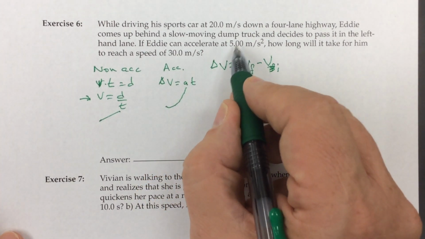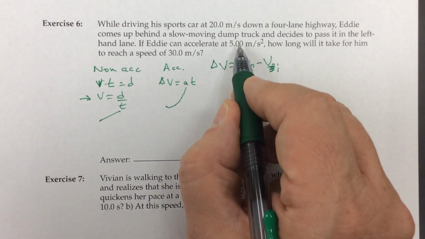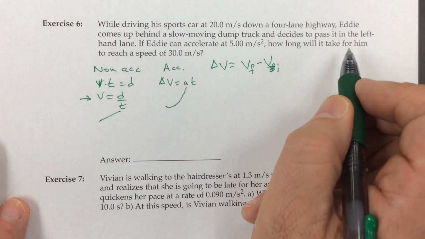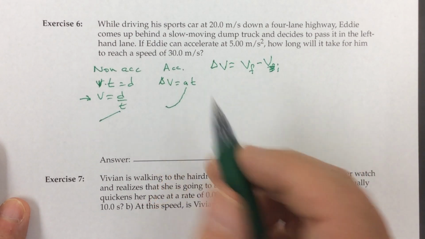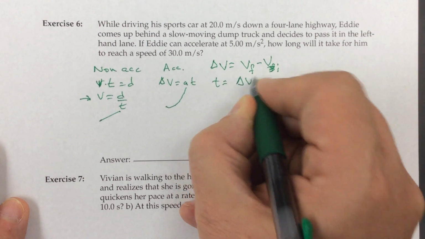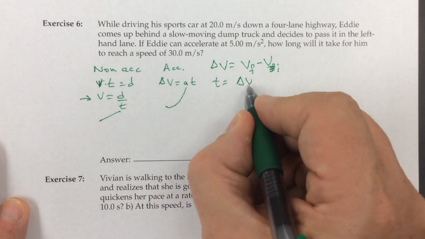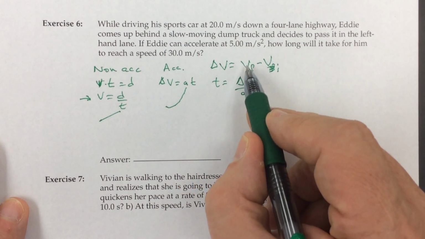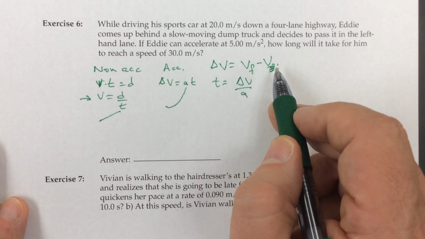We're given the acceleration here, 5 meters per second squared. So let's see what we've got. We're asked to find how long it will take him, so let's solve for t. So we're going to have t equals change in v divided by a. Well, the change in v is final velocity minus initial velocity.